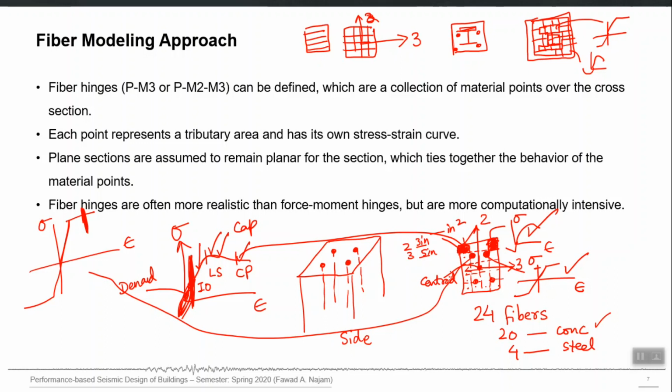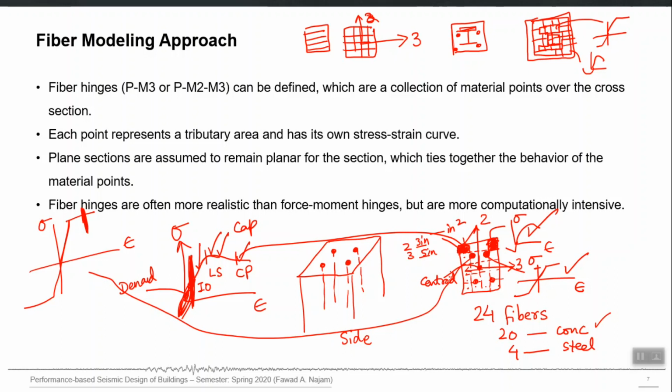Each fiber can only develop axial force or axial stress in it, and therefore we give it an axial stress strain curve, right. A fiber cannot handle shear, it cannot handle moment, so it is not a standalone hypothetical element in itself.